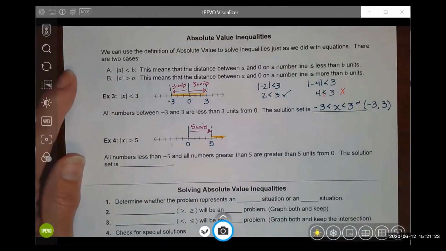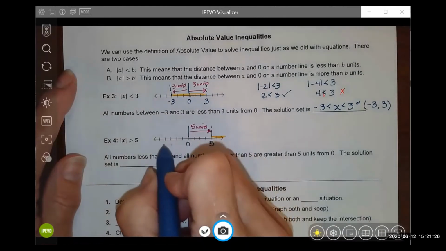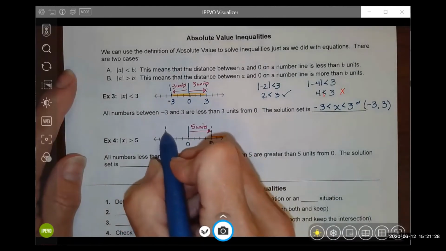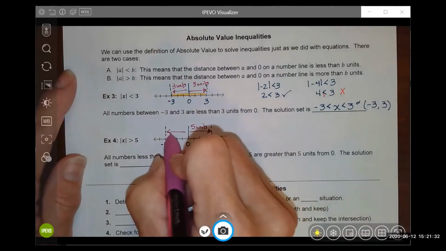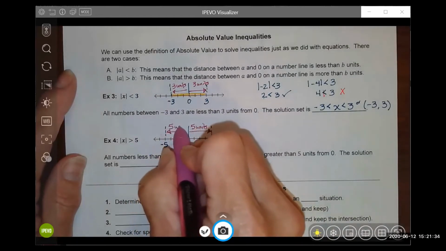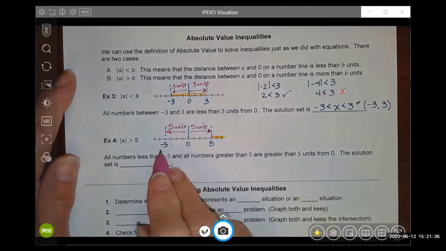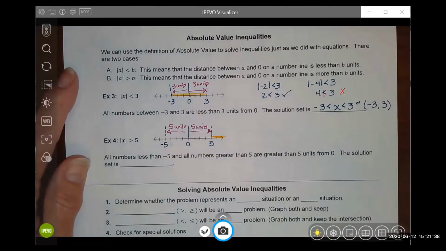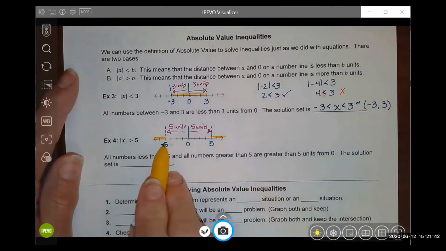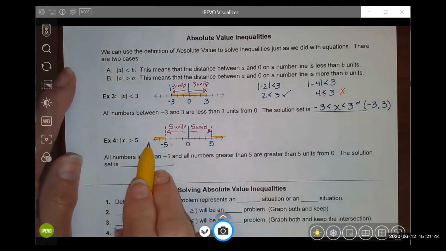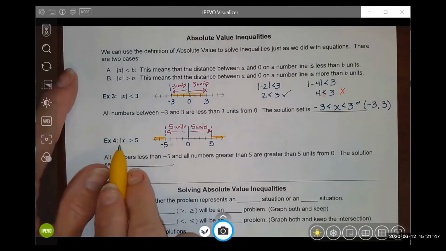But we also know that from 0 to -5 is 5 units. So there's another part of this solution, because the distance from 0 to -5 is 5. So I could possibly have a number that lies in this area of the number line that still satisfies this inequality.